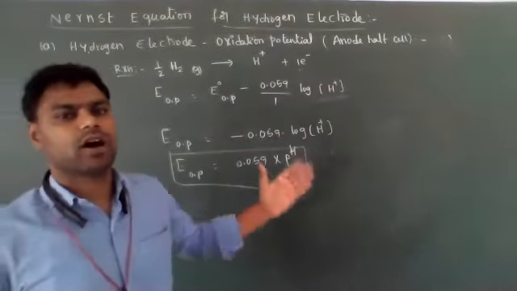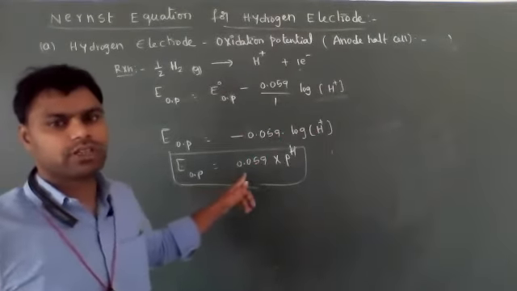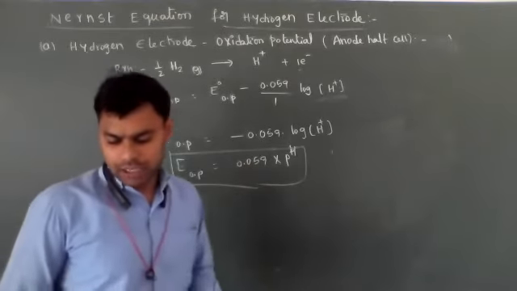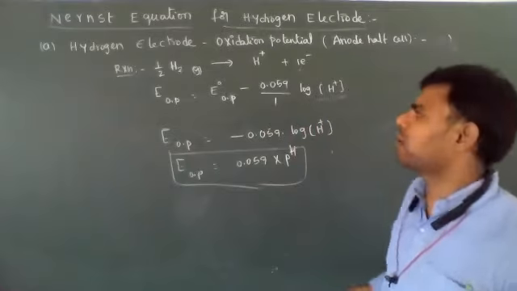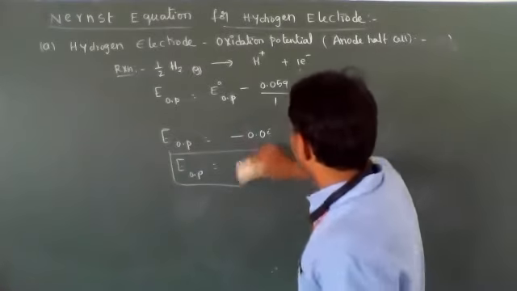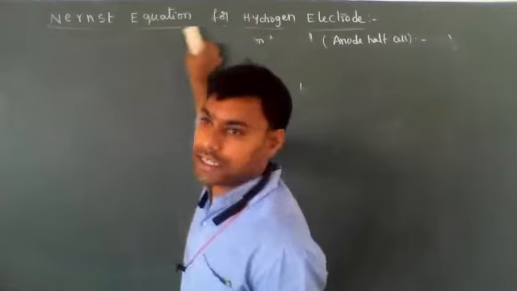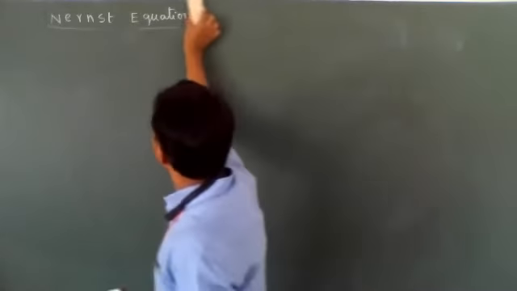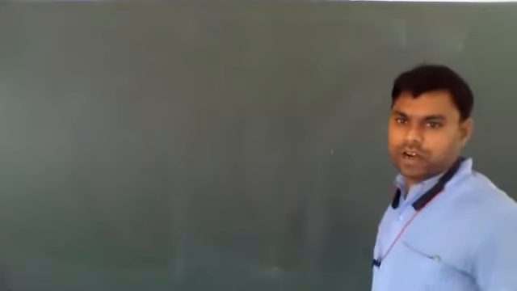As a cathode half cell, the reduction potential of hydrogen electrode is equal to minus 0.059 into pH. Okay, students, both values are very, very important for subjective as well as objective examinations. Generally, explain hydrogen electrode or standard hydrogen electrode, that question they are asking in board examination. It's very, very important for board examination.